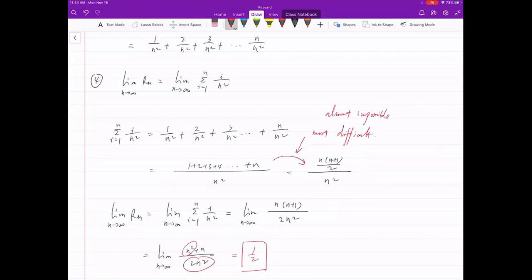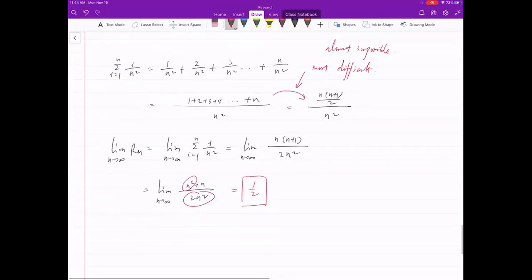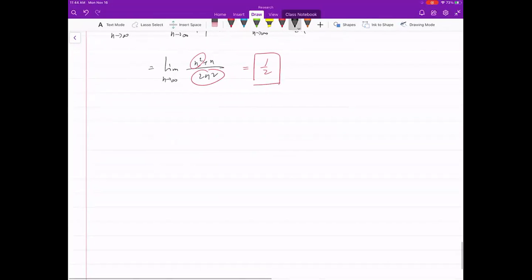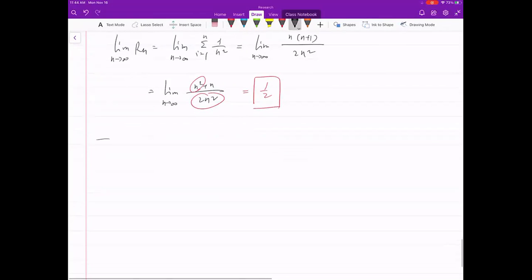To be frank, even the big mathematicians can only handle so much. A general function, they can't do it. Good so far? So this is just for you to do for fun. Okay, but now we have some observations. Number one, it's working. Great.